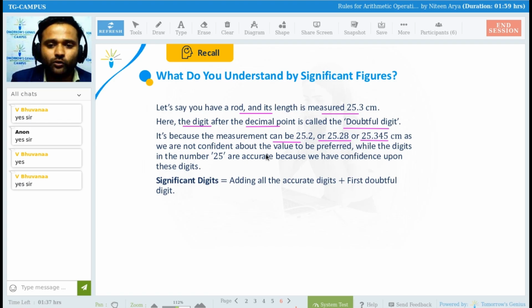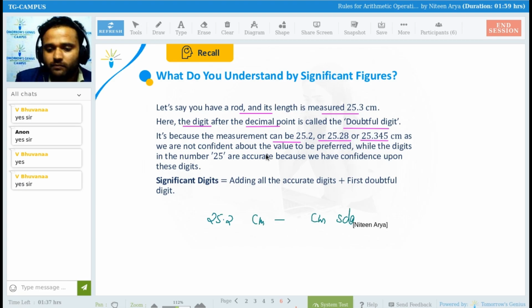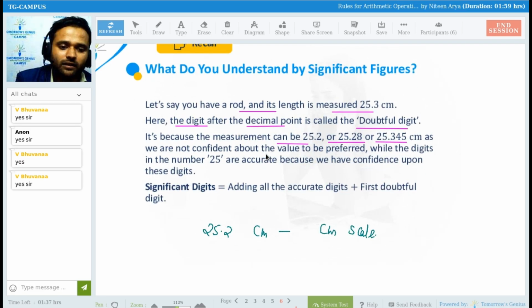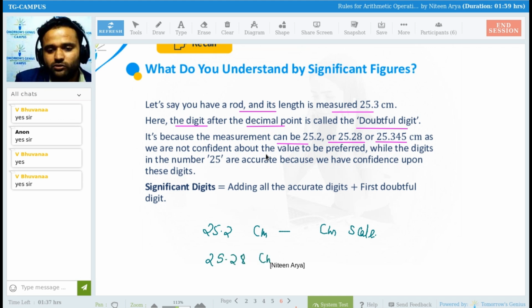For example, for centimeter only. So with the help of a centimeter scale, you are going to get 25.2 centimeter. This one is going to be with the help of a vernier caliper. Okay, 25.2 centimeter with the help of a centimeter scale, and that is 25.28, because it is going in a more precise range, so it is going to be the vernier caliper.